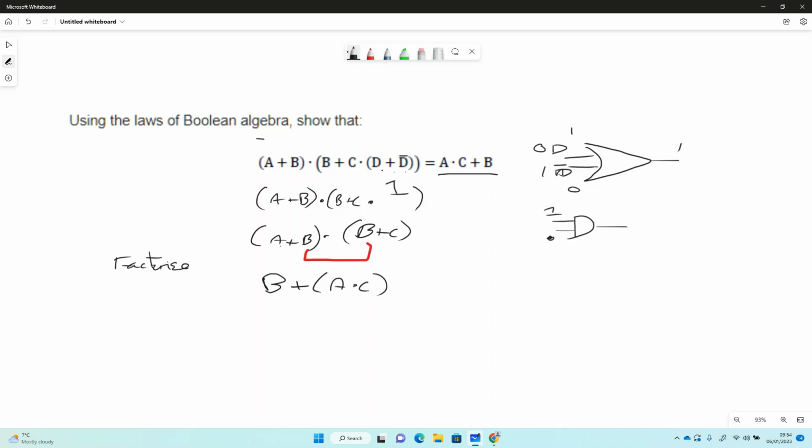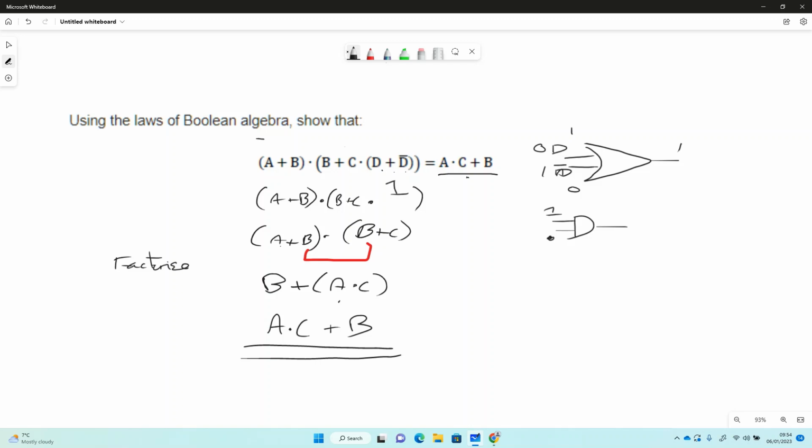So B or A and C, that's the same really as this. We could rearrange it to A and C or B, because the brackets in this case are irrelevant since AND takes precedence anyway. So A and C or B, and that's the answer that we need to come up with.